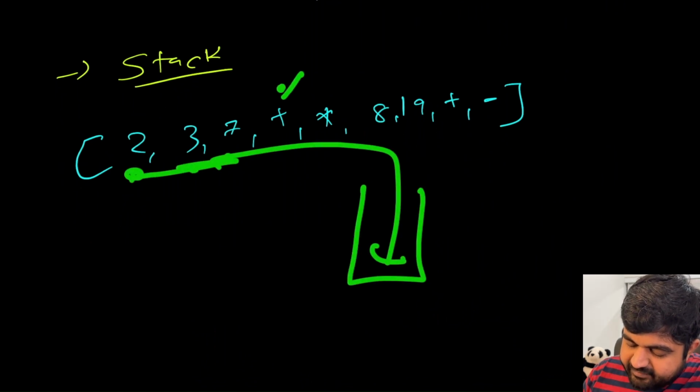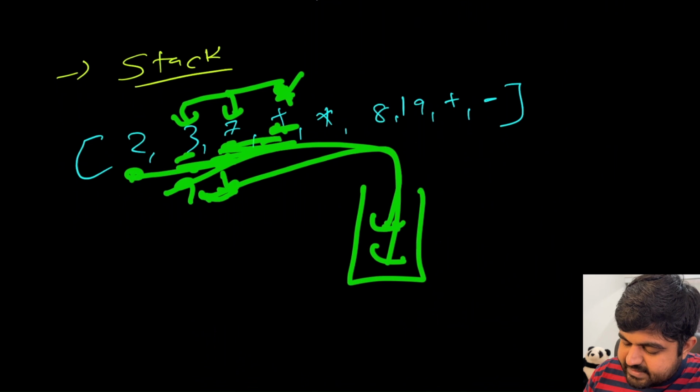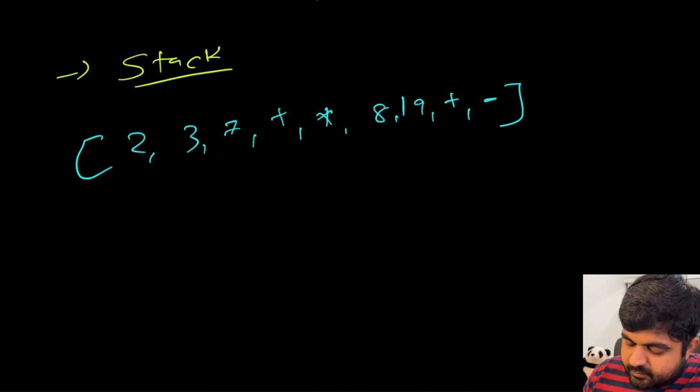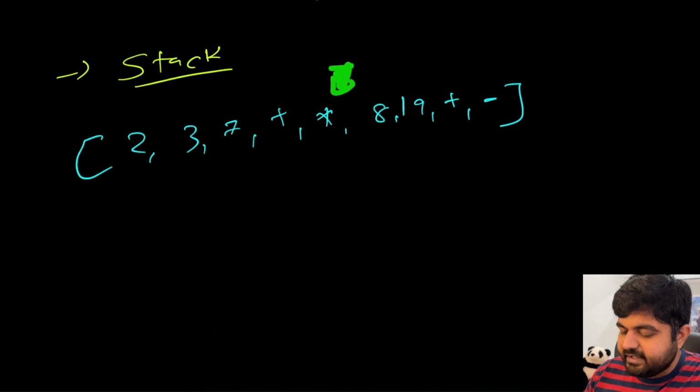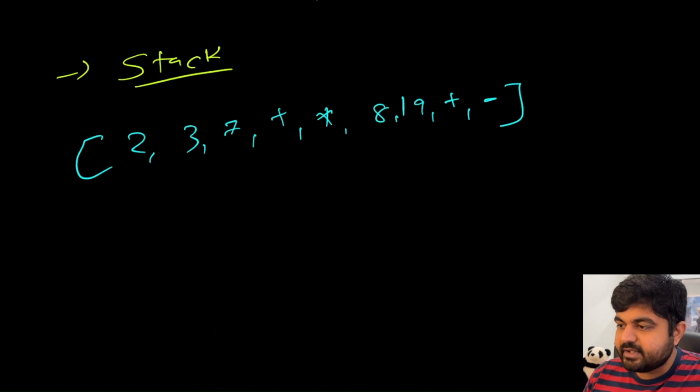The moment we identify an operator, we pop the previous two elements, treat them as A and B, and apply that operator to those values. And once again, whatever answer we find, we push that answer inside the stack, and then we keep repeating the same process until we reach the end, and we should have our answer ready because we are told that the given input is valid.